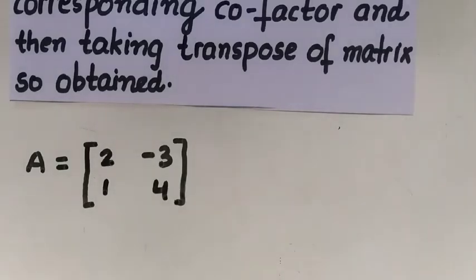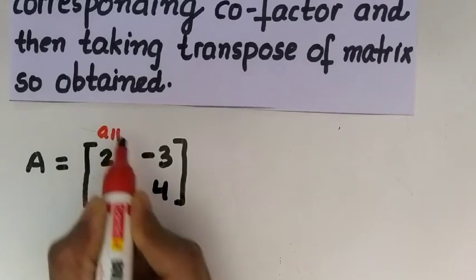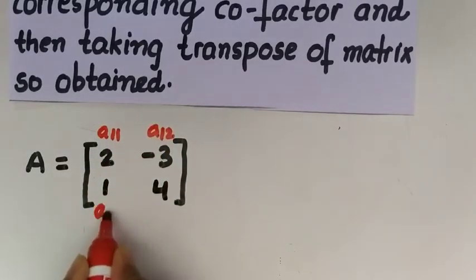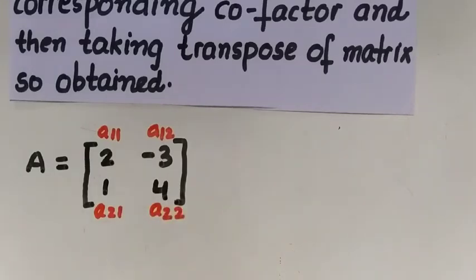It is a square matrix of order 2, so in this matrix there are 4 elements, that is a11, this element is a12, this is a21, and this is a22. Now we will replace all these 4 elements by their corresponding cofactors.